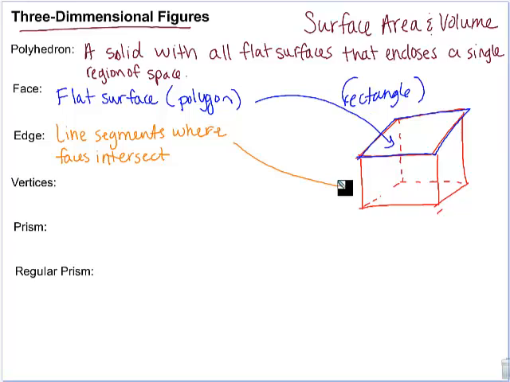So over here, every time you see two faces intersect, that would be called an edge. So there is an edge. This would be an edge, an edge, an edge, and so on, all the way around that entire diagram. In the classroom, the edge would be where the floor and the front wall meet. That would be an edge. Where the floor and the side walls meet. Where the ceiling and all the walls meet. Those are edges.